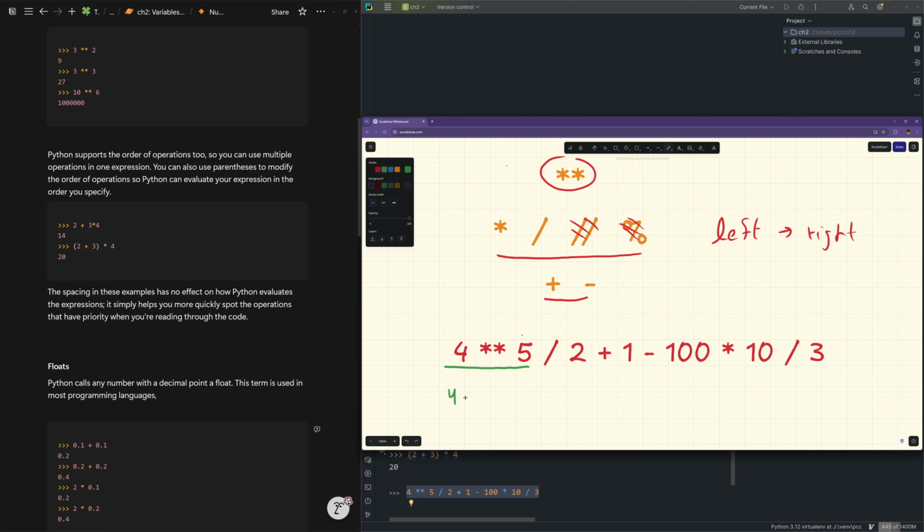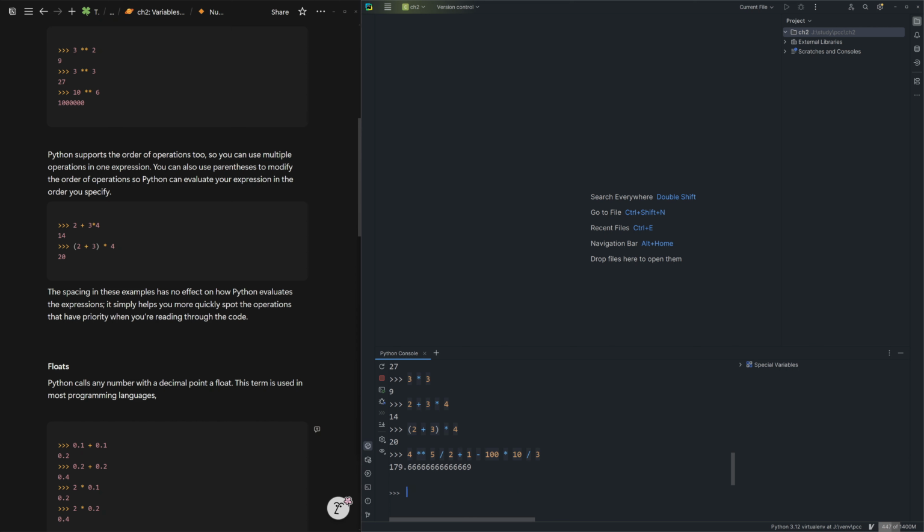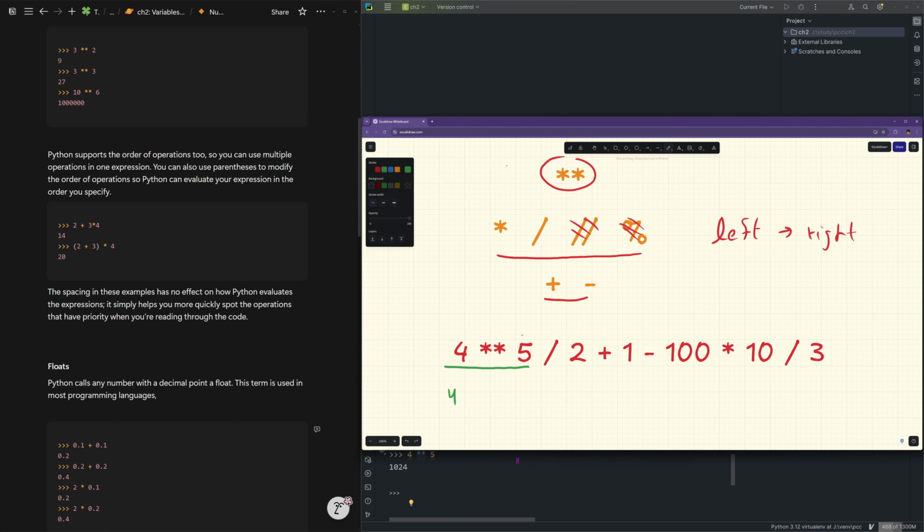I don't know what that would be, honestly, so I could type it out in a calculator and see. So 4 to the power of 5, that's 1024. Let's write it down here. 1024.